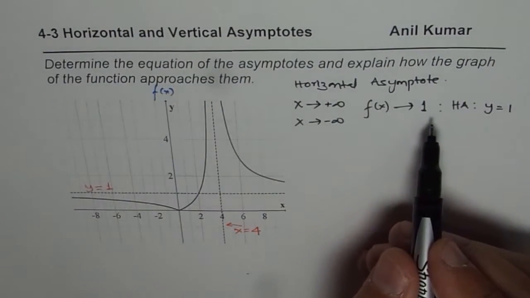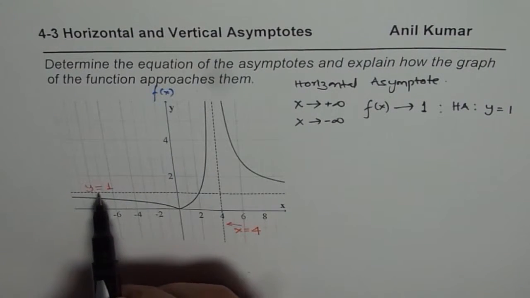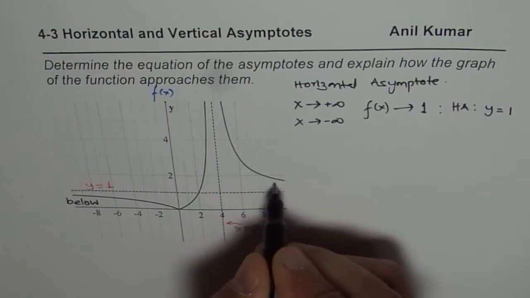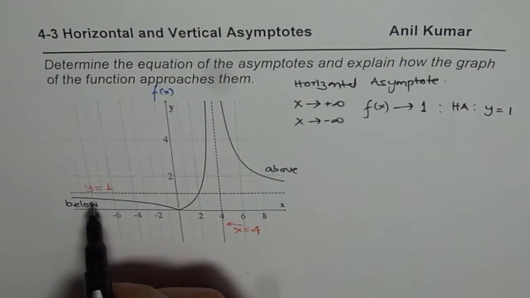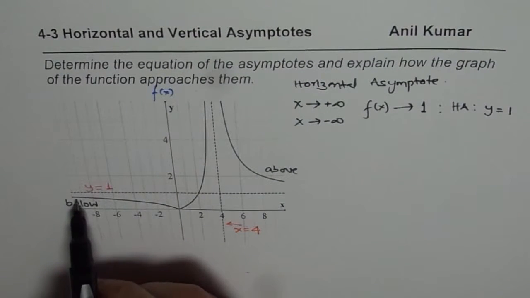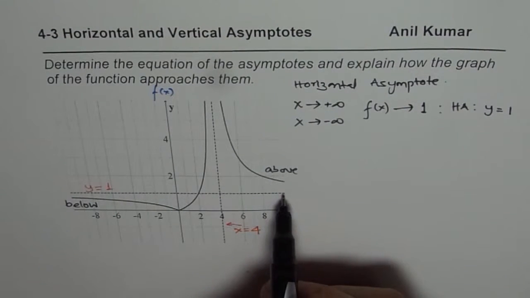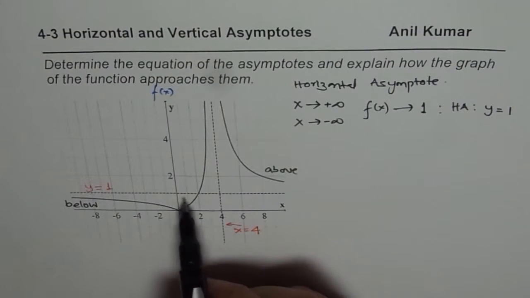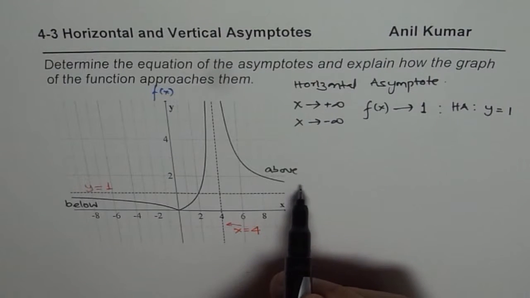Now you'll also notice that on the left side, the function approaches the horizontal asymptote from below, right? So this is from below, and here it is approaching from above. That is to say that the value of the function is slightly less than the horizontal asymptote as we approach negative infinity, but the value of the function is slightly more than the horizontal asymptote 1 as we approach positive infinity, right?